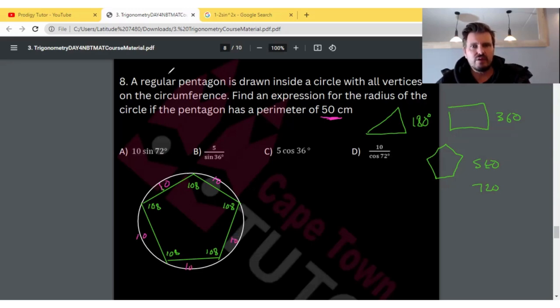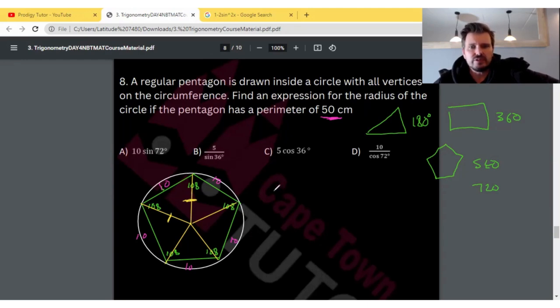Now they want the radius of the circle. Let's do the radius in yellow. The radiuses would kind of meet in the center. So we want to get this and this.